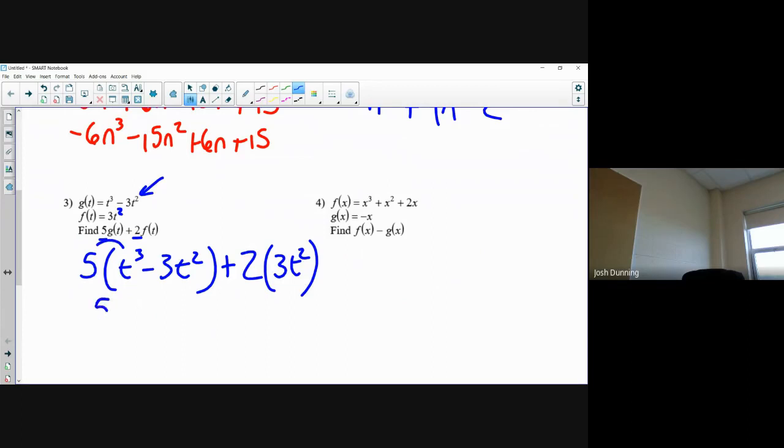We'll distribute. And then over here, there's nothing to distribute. It's a monomial. So it's just 2 times 3. I can put the t squareds together. Negative 15 plus 6 is negative 9.